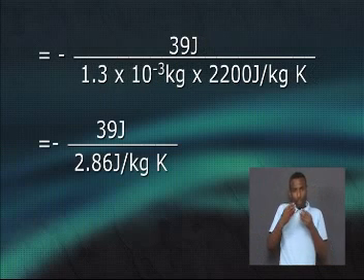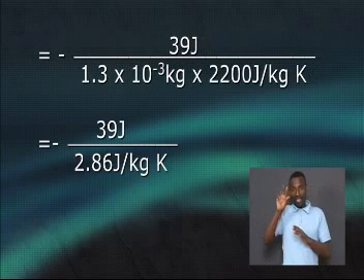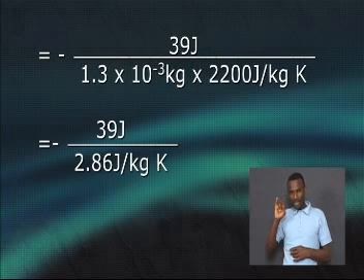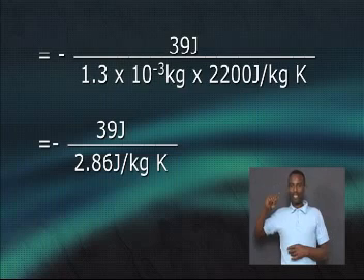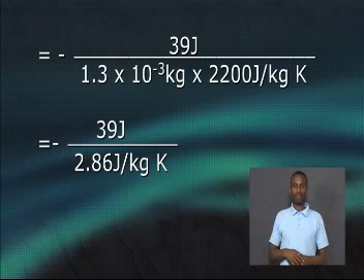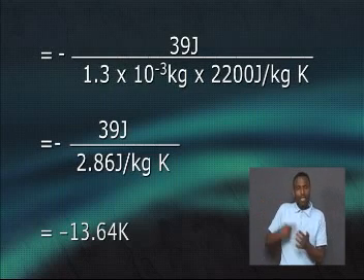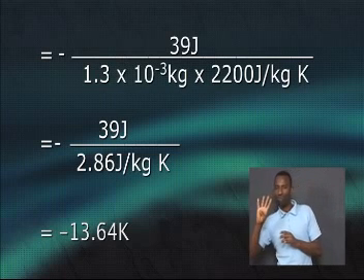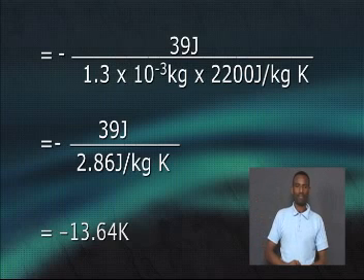This simplifies to -39 joules over 2.86 joules per kelvin. Therefore, our answer is -13.64 Kelvin.